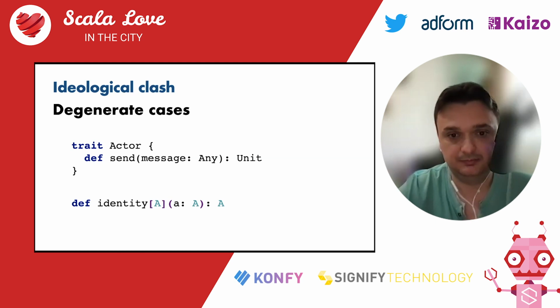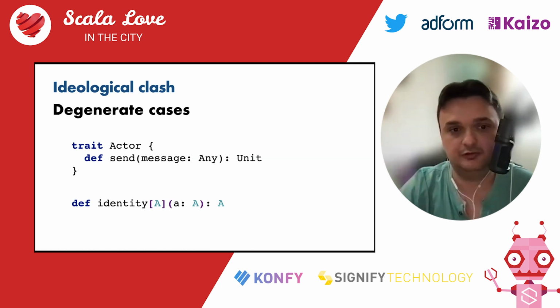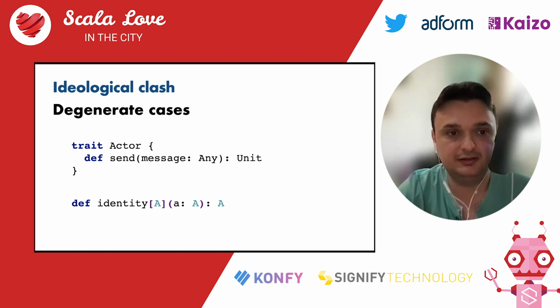And of course, this is like a spectrum, because it's useful to talk about the degenerate cases. The degenerate case for OOP would be an actor that is untyped. And the degenerate case for FP would be the identity function. Actors are degenerate because they can literally do anything. That actor here could literally send shuttles to the moon, for all I know. This is basically word of mouth typing.